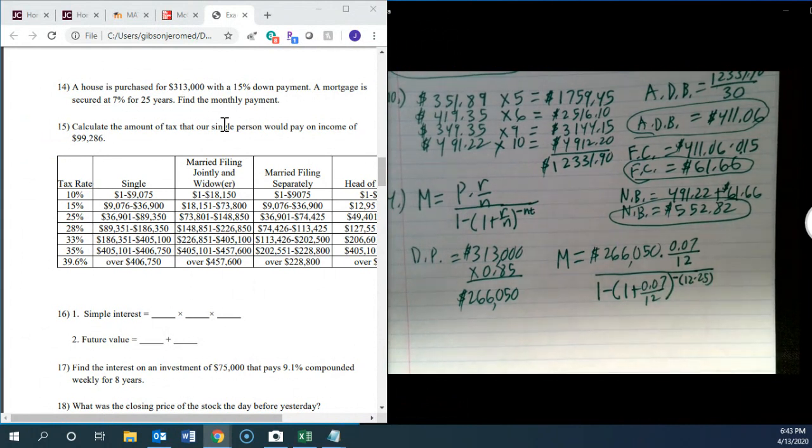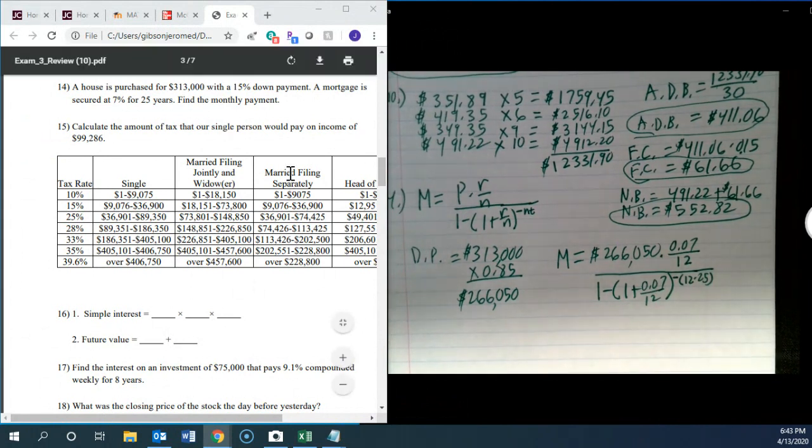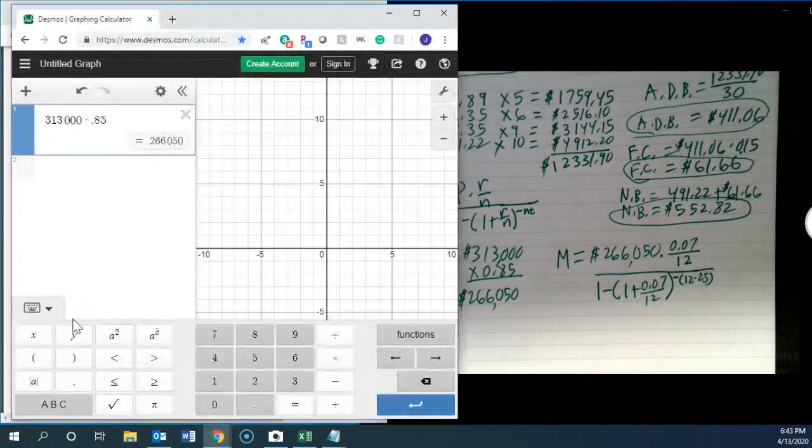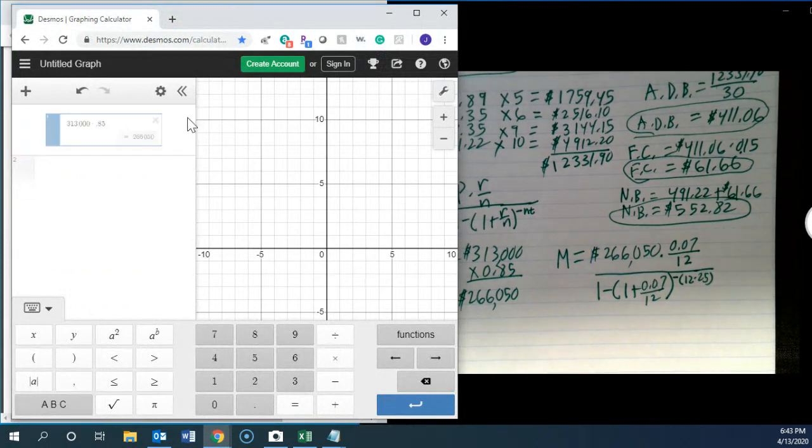Now I'm going to show you all how to type this in your Desmos calculator. But before I do, I need to know, is there anyone that's going to be using the TI-84 calculator for this exam? Or TI-83 calculator? Okay. So if you're going to be using that, this is what I would suggest that you do.